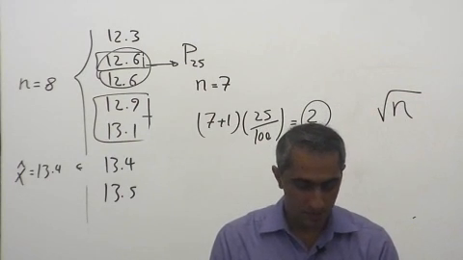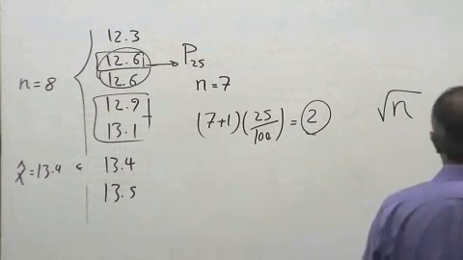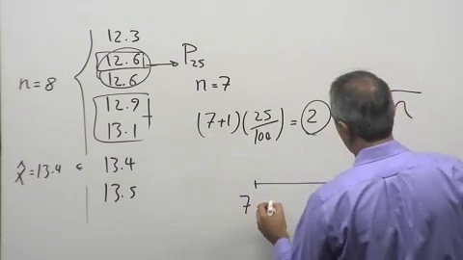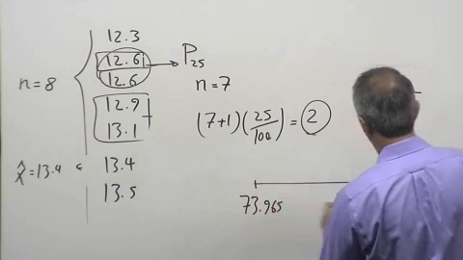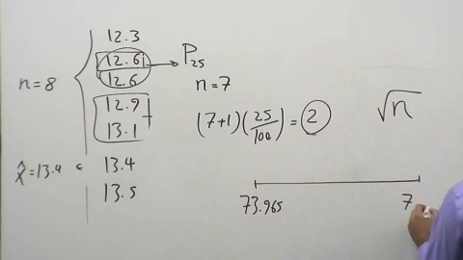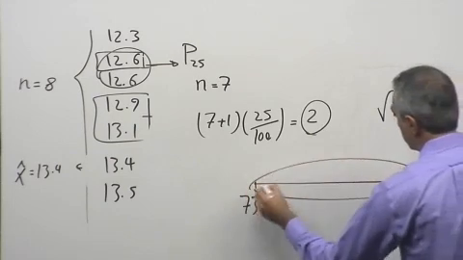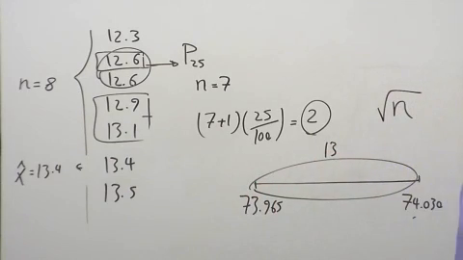In this example, we selected 13. So this is the range of data, 73.965 to 74.03. Then we want to divide this range into 13 bins.